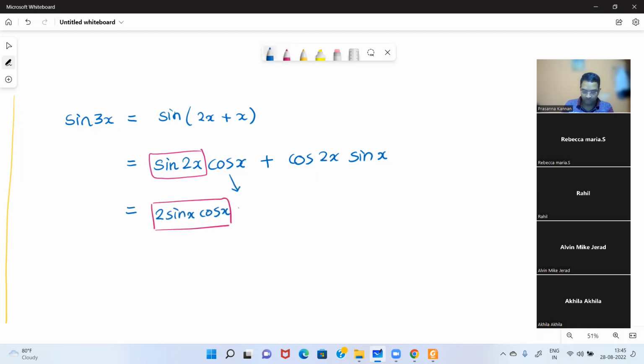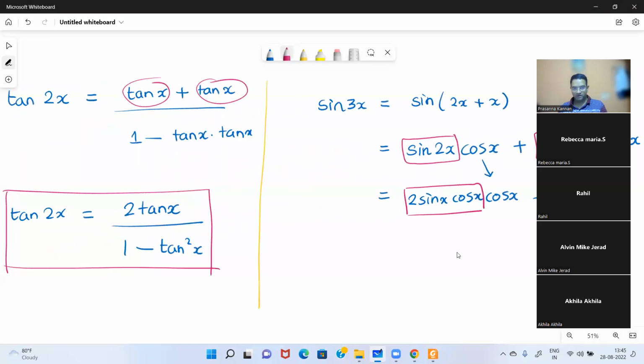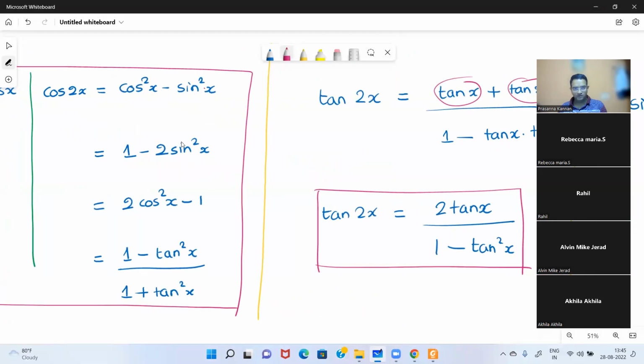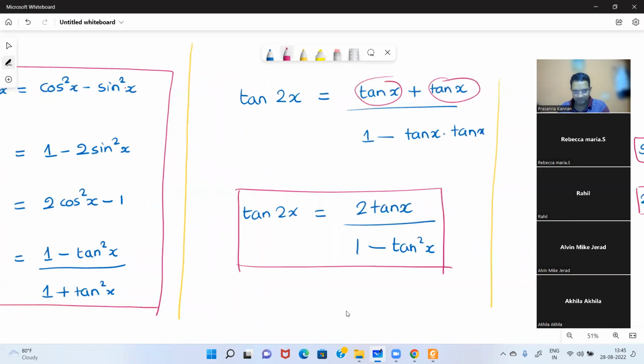Sin 2x is nothing but 2 sin x cos x, into cos x, which I am writing here, plus cos 2x. Cos 2x has 4 formulae, right? What are they? One is cos square x minus sin square x, another is 1 minus 2 sin square x, another is 2 cos square x minus 1, another one is 1 minus tan square x by 1 plus tan square x. For this sum, I will use cos 2x is equal to 1 minus 2 sin square x.